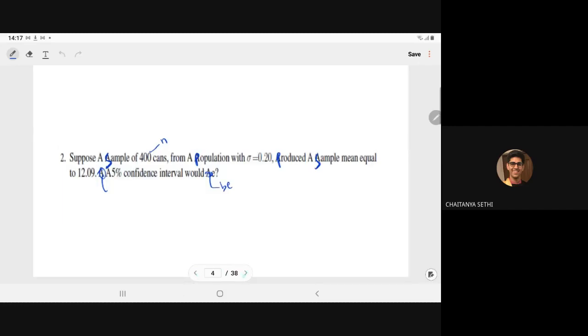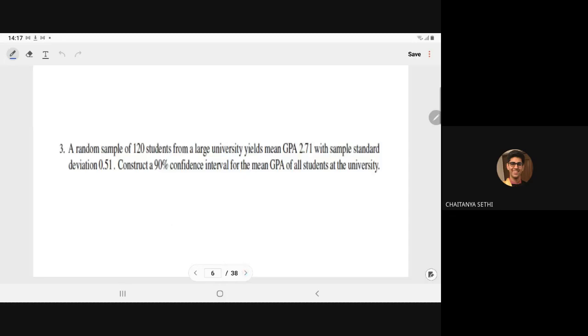The main thing to convey here is that even if the population distribution is not given to you, through the central limit theorem we assume that the sample also follows the normal distribution. Now in this case, a random sample of size 120 students from a large university yields mean GPA 2.71 with sample standard deviation 0.51.